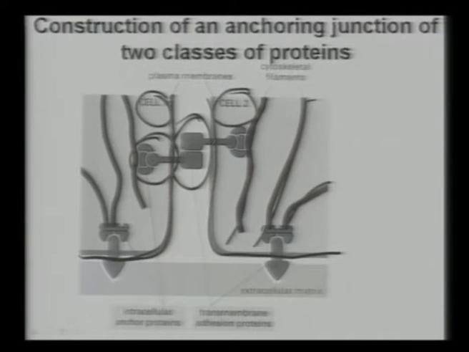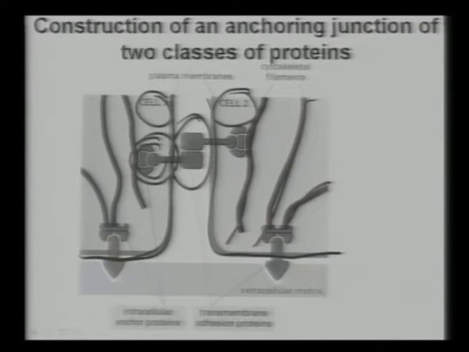Now there are different types of proteins, as you have noticed in the earlier lectures, and the number of proteins can be very large. So this large number of proteins can be of different types. One type is the transmembrane adhesion proteins. Transmembrane means they are present between the two membranes, and they participate in the adhesion process between the two cells.